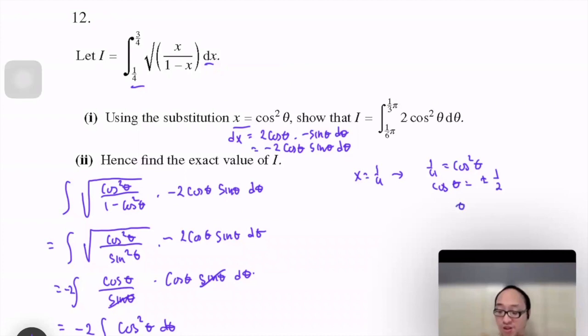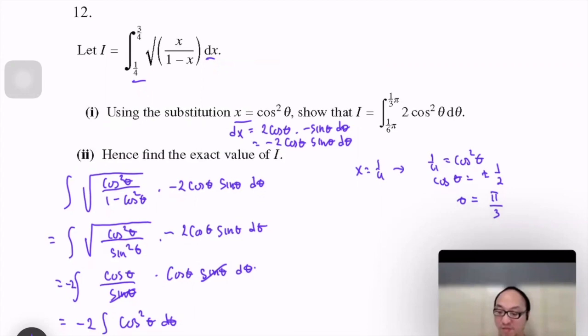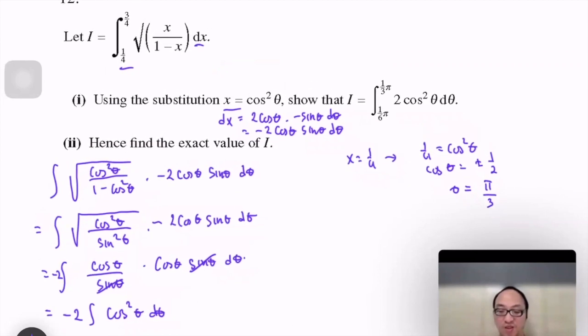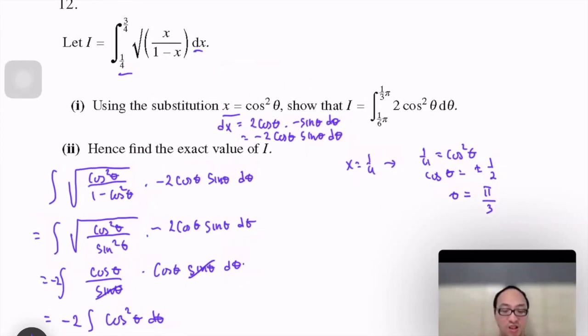So the theta should be cos inverse of 1 over 2, which is pi over 3. We take the positive value, yeah, since the theta in here should be in the first quadrant.